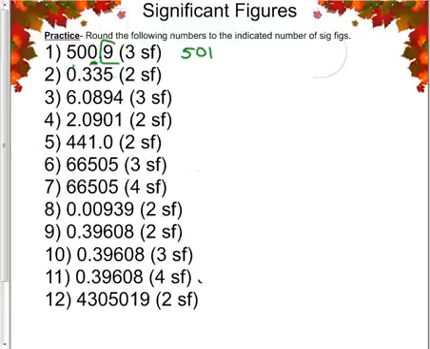If we look at example 2, we need to round this value to 2 significant figures. Now remember that leading zeros are not considered significant. So our second sig fig is this second 3 right here, which means everything after that we're going to have to round off. So that number is a 5, which means that that 3 that we underlined has to round up.